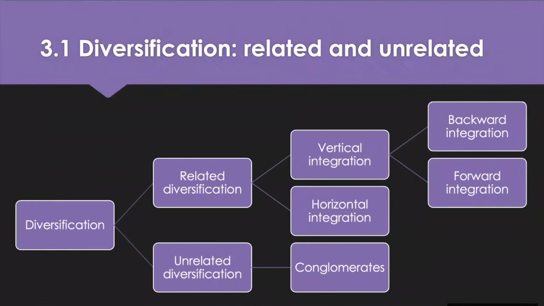So in terms of diversification, there are two types of diversification. You can have one that's related and one that's unrelated. Diversification is a strategy where you enter into a new industry in which you don't operate or create a new product for a new market. Related diversification is developed beyond an organization's current products and markets, but within its capabilities and resources.